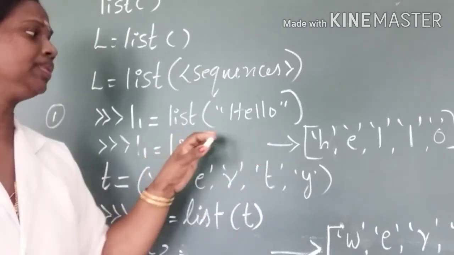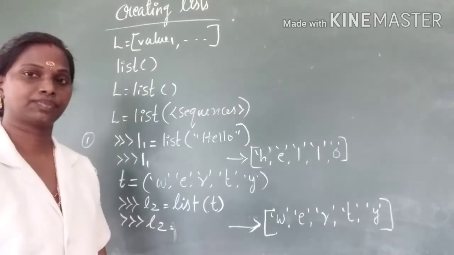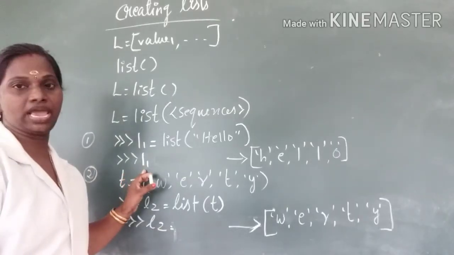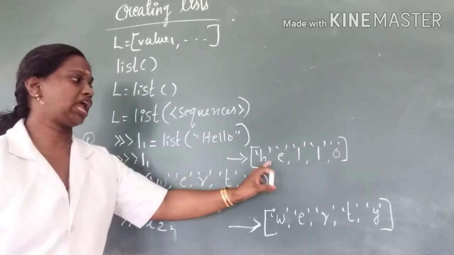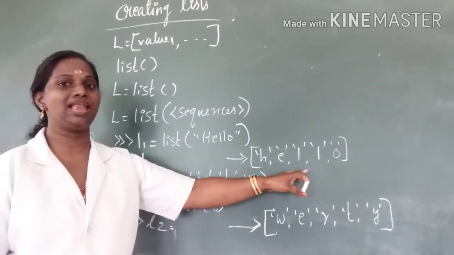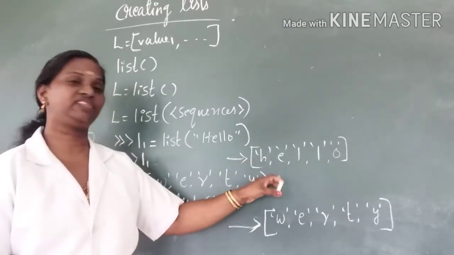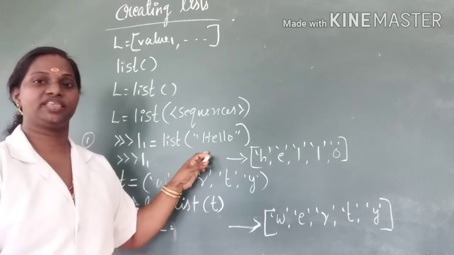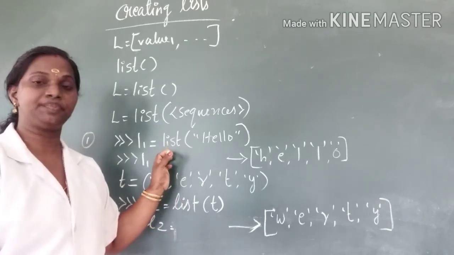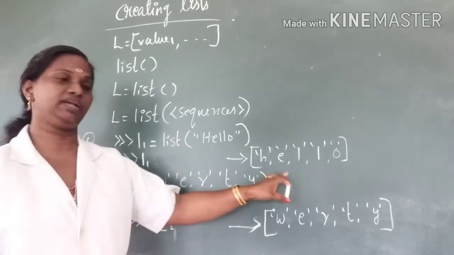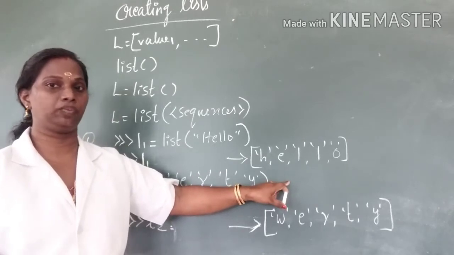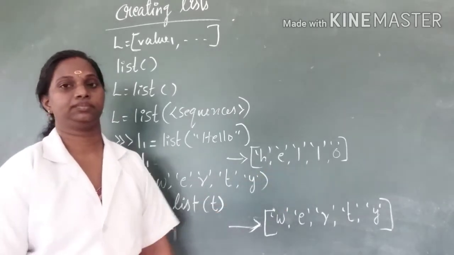Then print L1. So it prints this list. Here we take the string hello as a list, so when you print this, it prints each character.